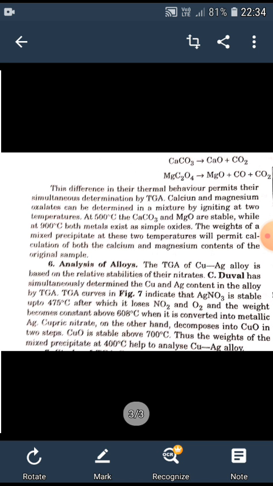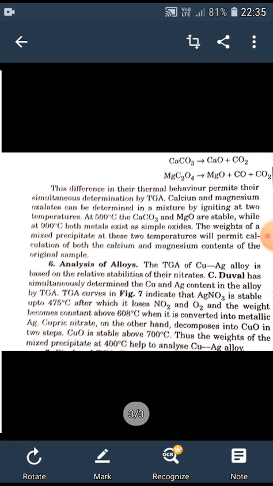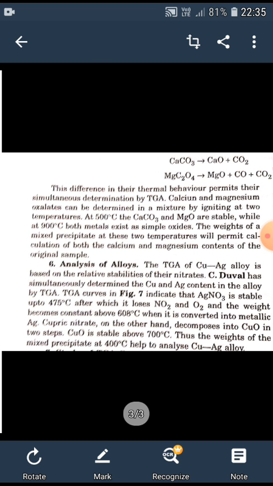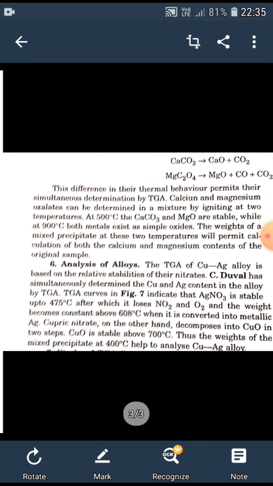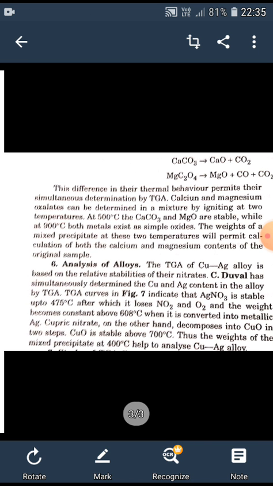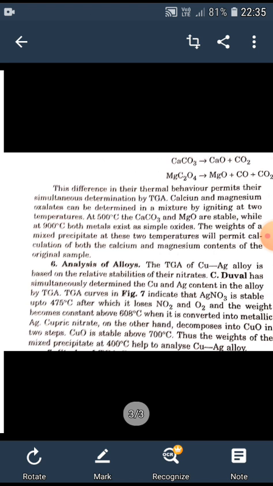The thermogravimetric analysis of copper-silver alloy is based on the relative stabilities of the nitrates. Duval has simultaneously determined the copper and silver content in the alloy. When we study the TGA curves, they indicate that silver nitrate is stable up to 475 degrees centigrade, after which it loses nitrogen dioxide and oxygen, and the weight becomes constant above 608 degrees centigrade when it is converted into metallic silver.